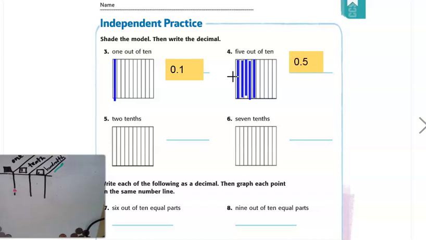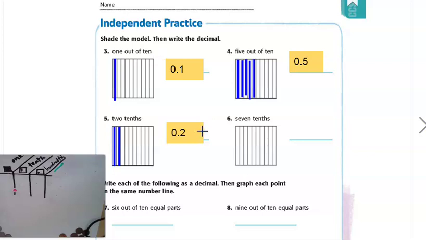To shade 2 tenths, I'm going to shade 1, 2, and I would write that 0 ones and 2 tenths.